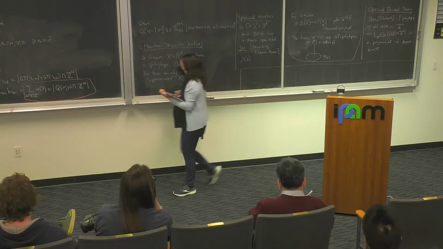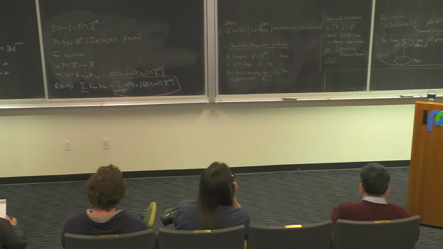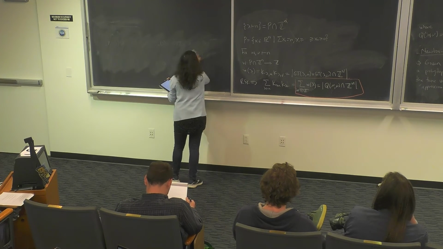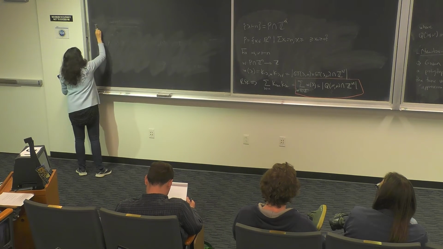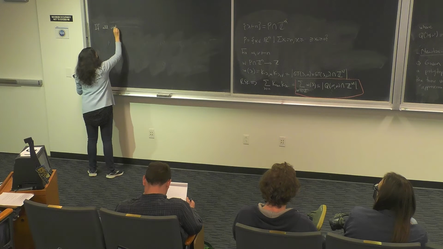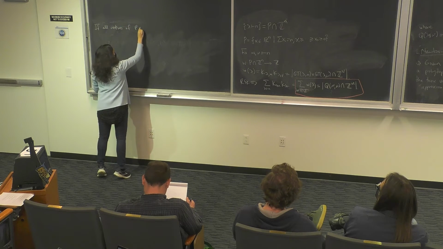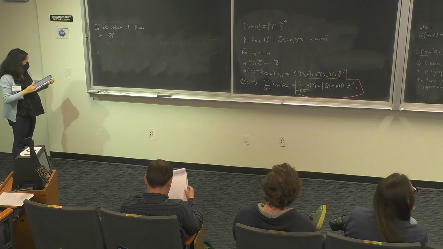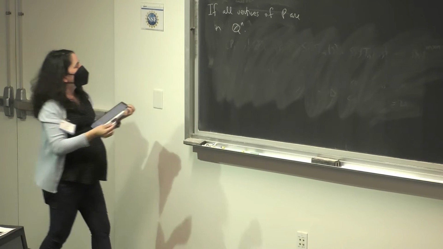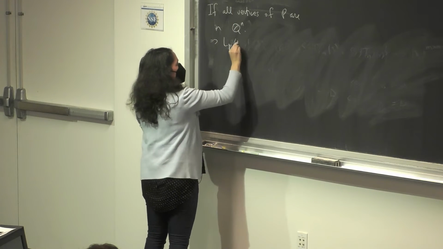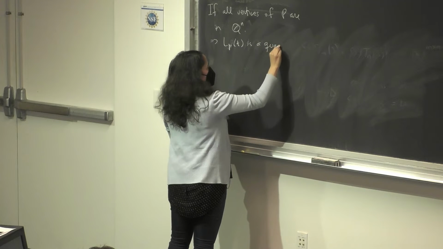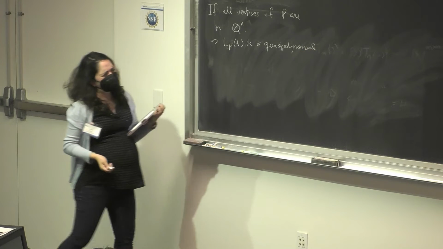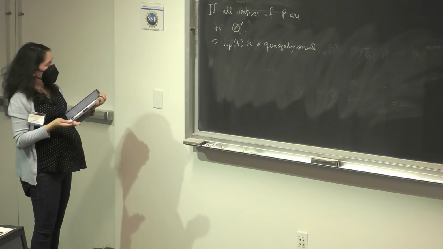Now, if you have a rational one, meaning if the vertices are all rational, then you get what is called a quasi-polynomial. So it's still just a collection of polynomials, so it's still very well structured.